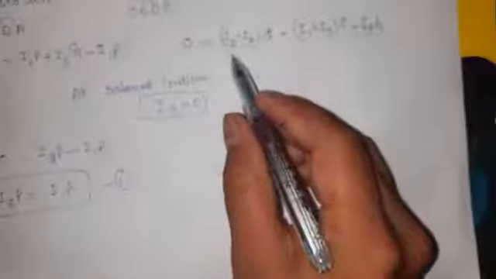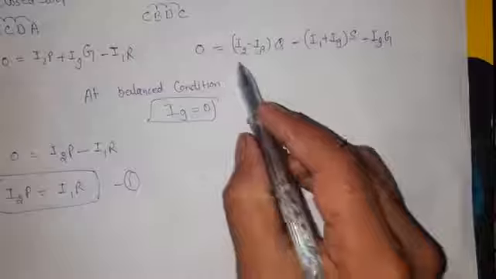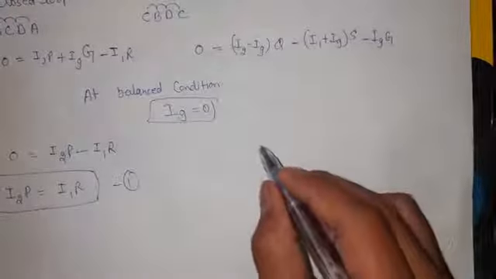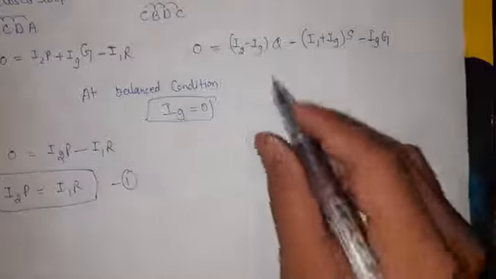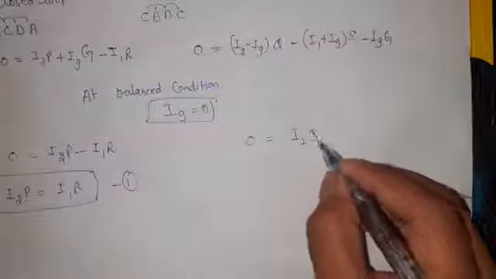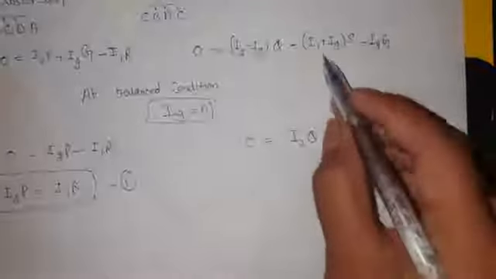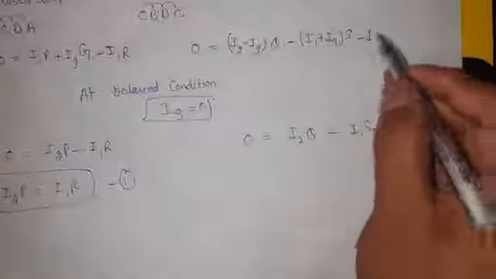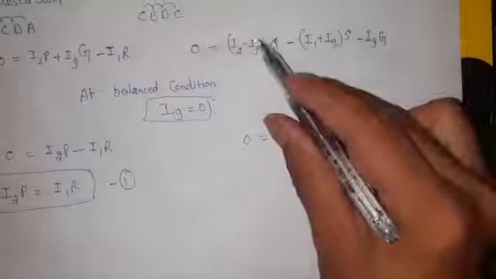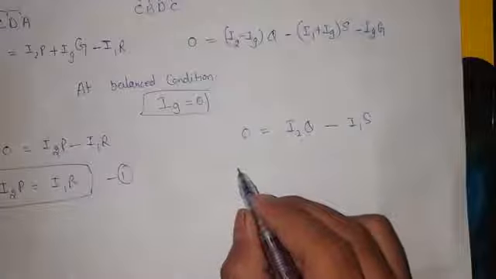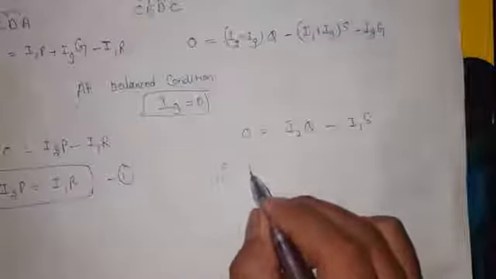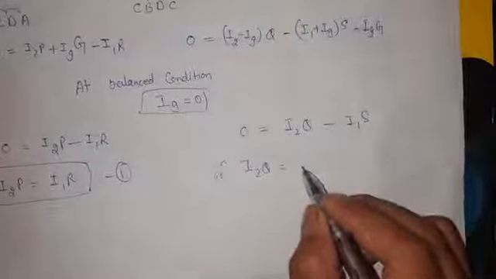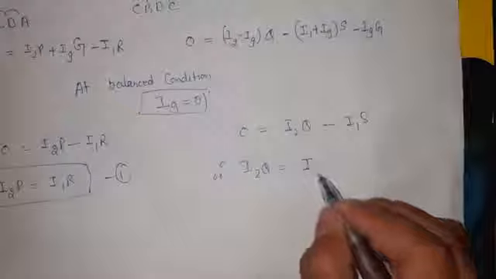While in this case you will find that when I put the value of IG as 0, then I will have 0 is equal to I2Q minus I1S, and the galvanometer term is 0 over here. This term was 0, that term was 0, so therefore it is I2Q is equal to I1S.